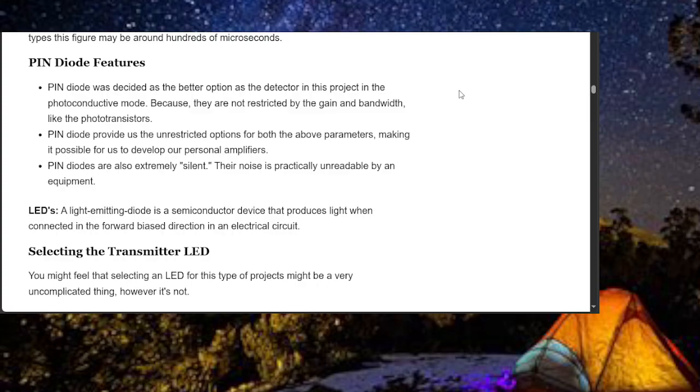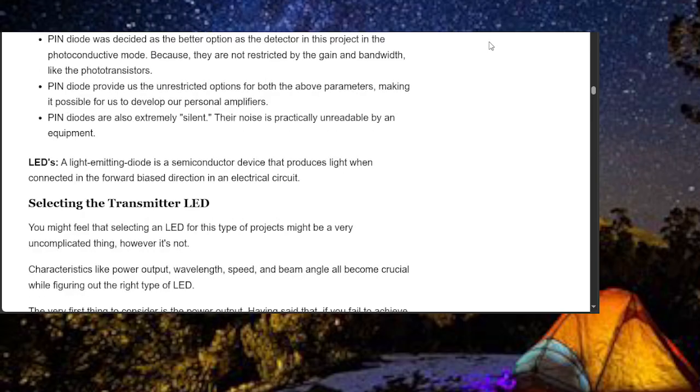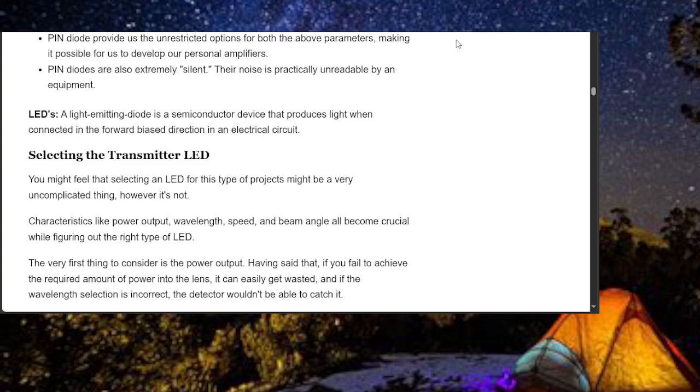Pin diode was decided as the better option as a detector in this project in the photoconductive mode, because they are not restricted by the gain and bandwidth like phototransistors. Pin diodes provide us the unrestricted options for both above parameters, making it possible for us to develop personal amplifiers. Pin diodes are also extremely silent. Their noise is practically unreadable by equipment.